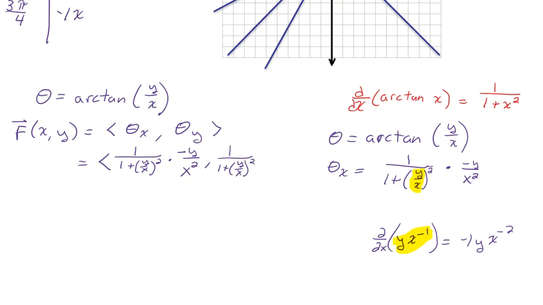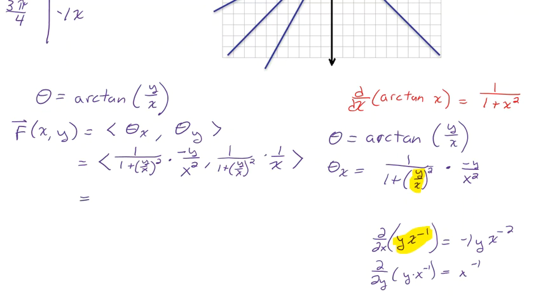Alright, so you should get 1 over 1 plus the quantity y over x squared, times the derivative of the inside part with respect to y, which is just going to be 1 over x. Right? The partial with respect to y of y times x to the negative 1 is just x to the negative 1.